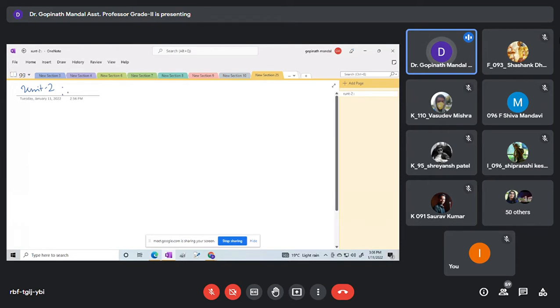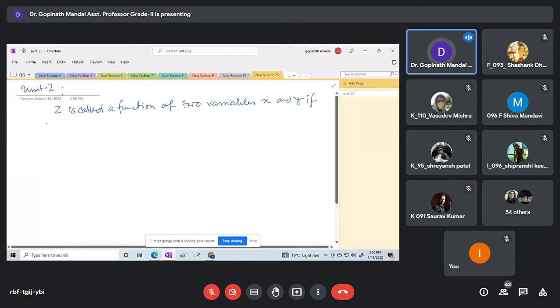So function of two variables means there are two variables, x and y.